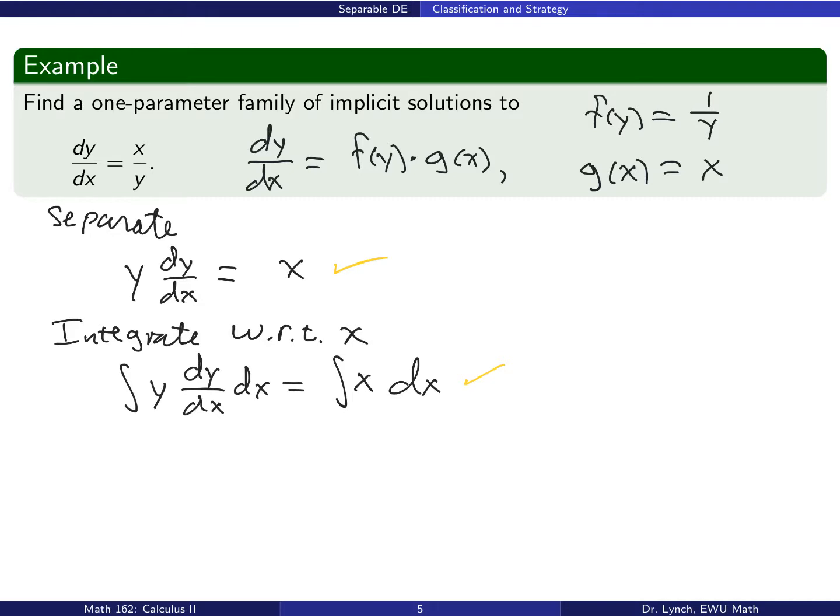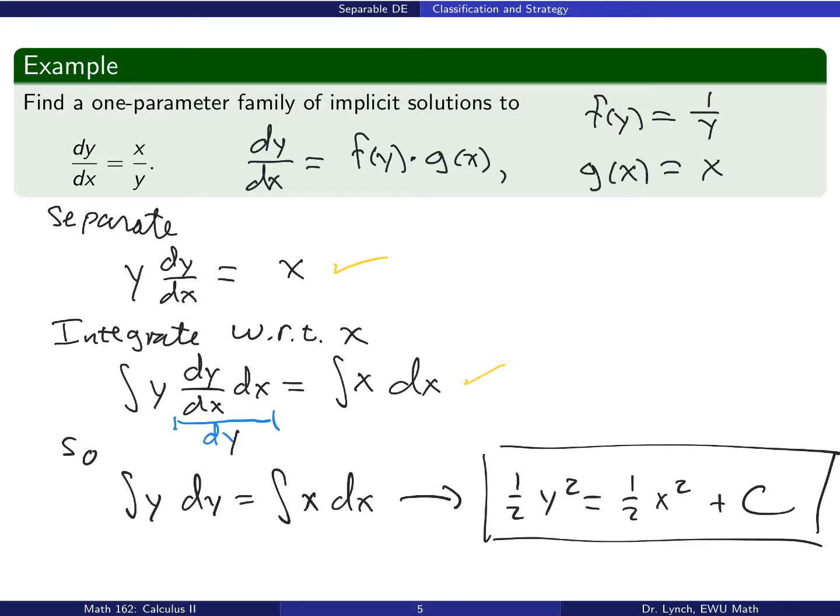Now again, this twist here is the chain rule, and the chain rule tells us that this product, dy/dx times dx, is really just dy. I misspoke there earlier. So integrating y dy is the same as integrating x dx, and we can express our implicit family of solutions as 1/2 y squared equals 1/2 x squared plus c.